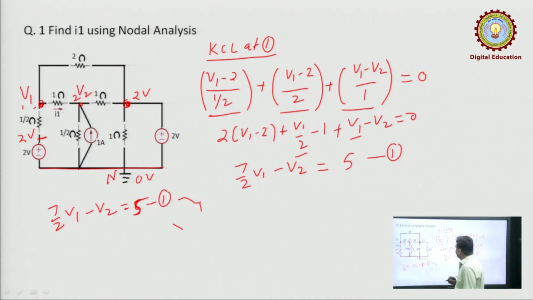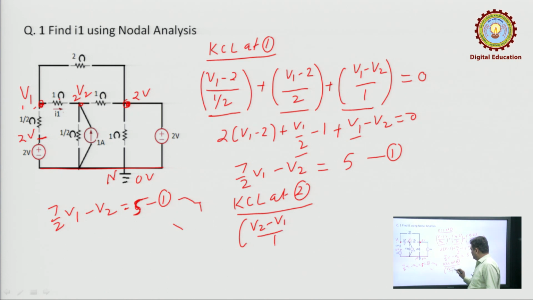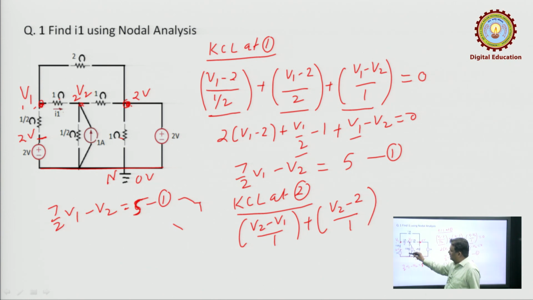Now, similarly, we can write KCL at node 2. How many branches are there at node 2? 1, 2, 3 and 4. Let us write the current in this 1 ohm branch: V2 minus V1 upon 1. Current in this branch: V2 minus 2 upon 1. Current in this branch: V2 minus 0 upon 1 by 2.